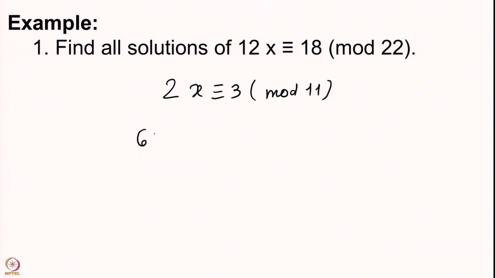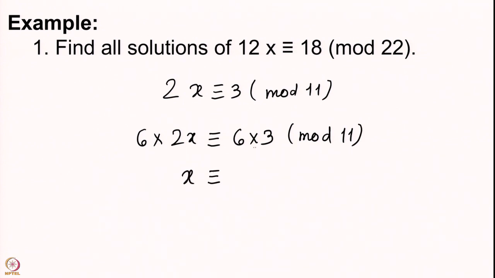I will simply multiply by 6 on both sides. This is going to be 12x, which is simply x. This is 18, which is simply 7. So, this is the solution that we are looking for.